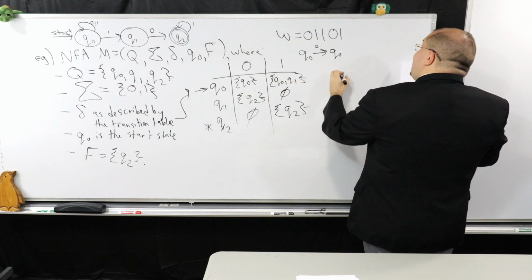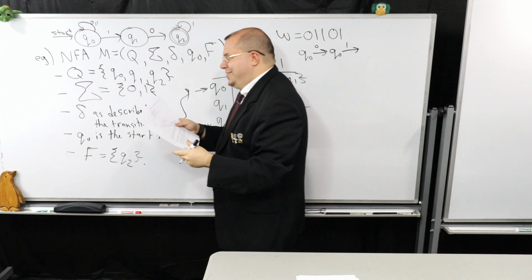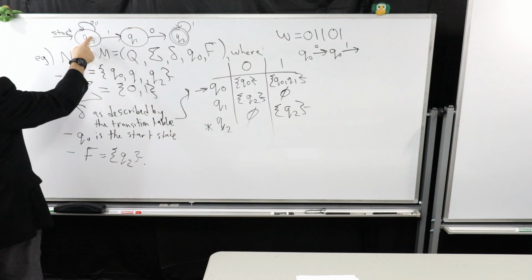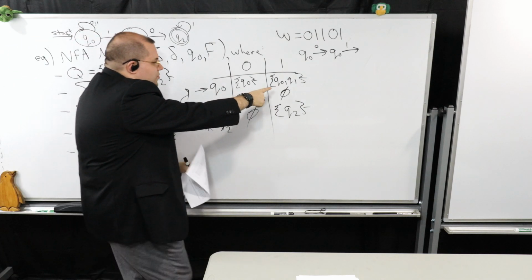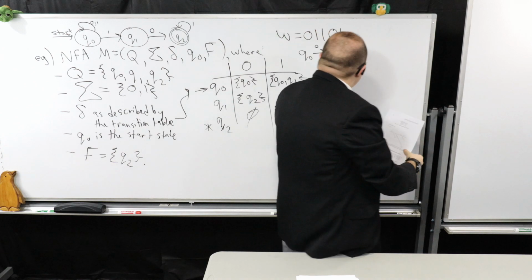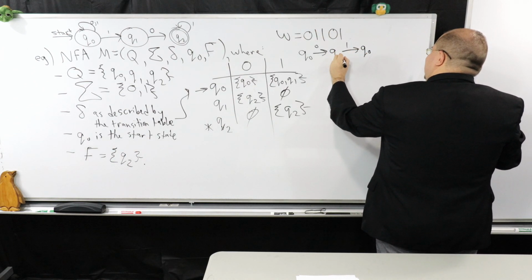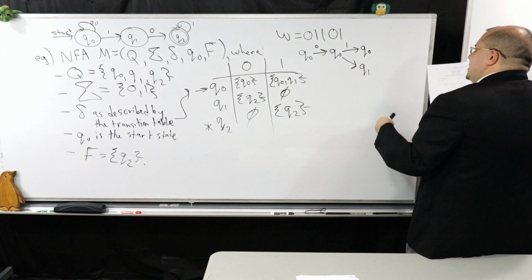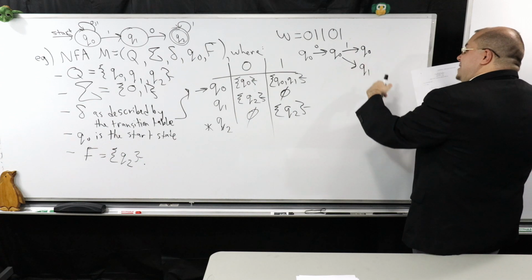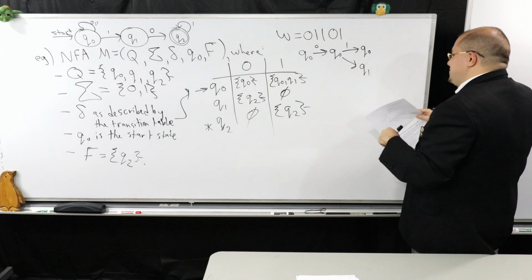Okay, when I read a 1, this is where things start getting a little bit funky. It could be in Q0 or in Q1, as we have in our transition table. So these are currently the set of states that I am in with my machine.